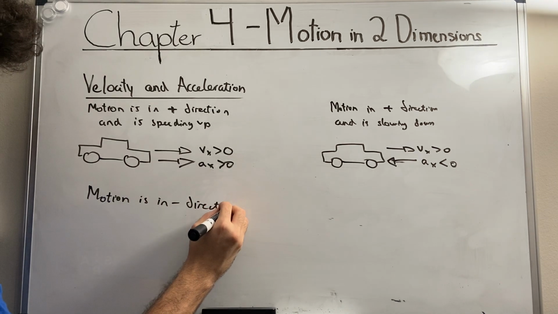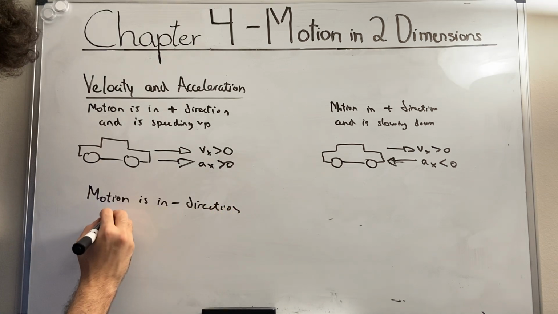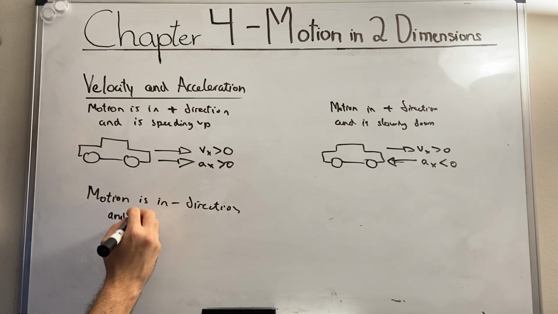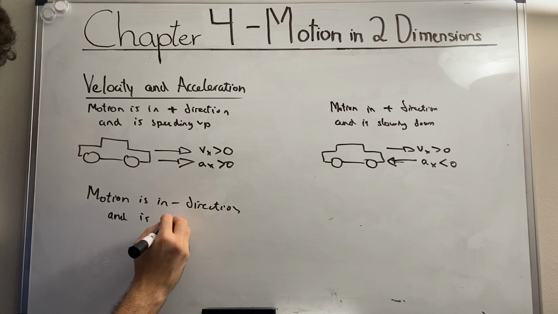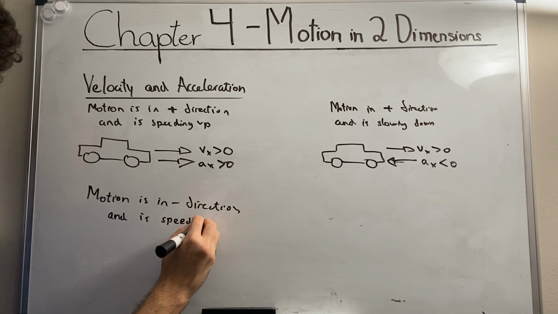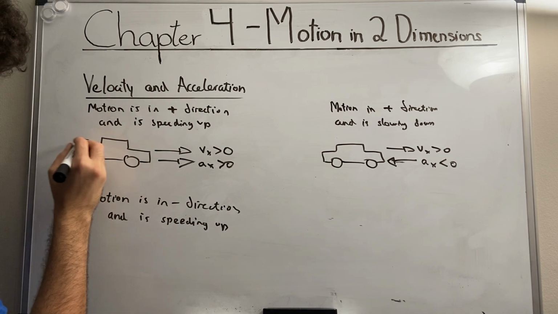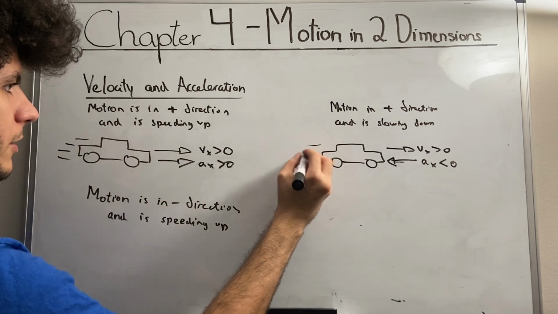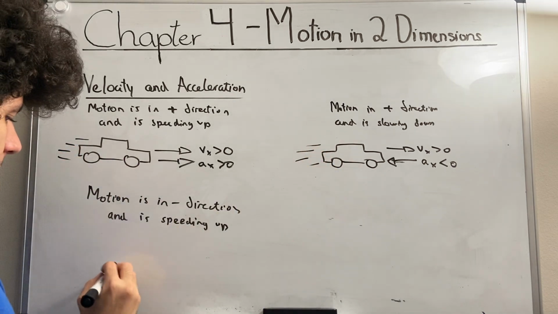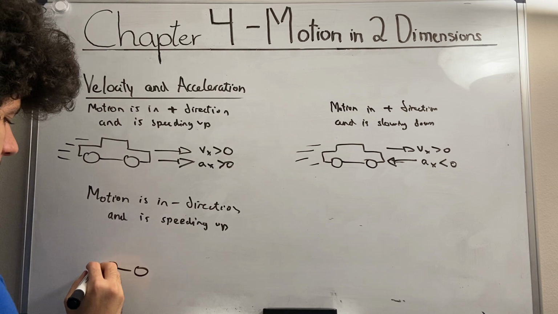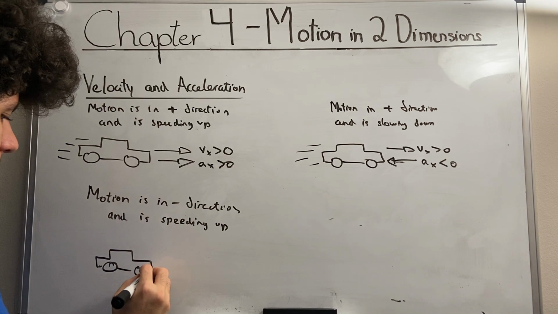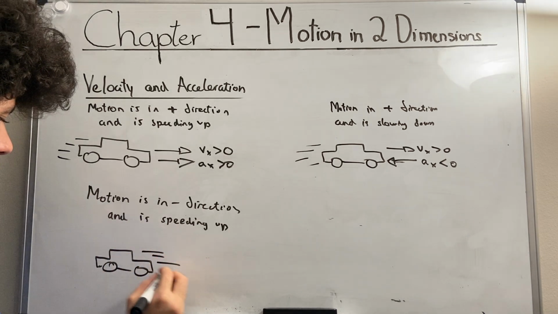when the car is moving in a negative direction. And this is going to show us just how much the coordinate system that we established is going to dictate everything. So here the car was always going like that. Now we're going to have a car that's going in the negative direction.